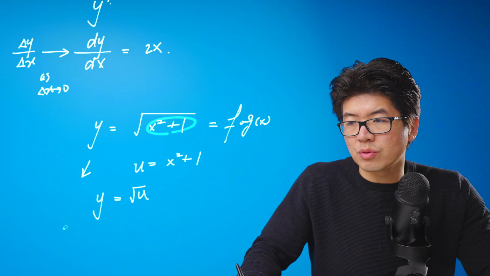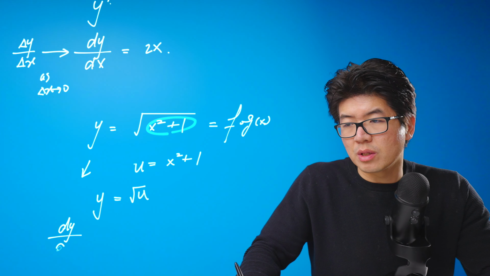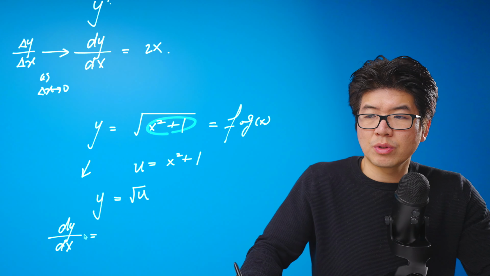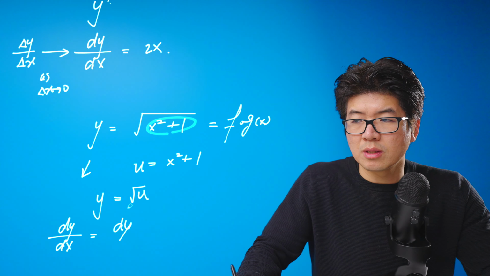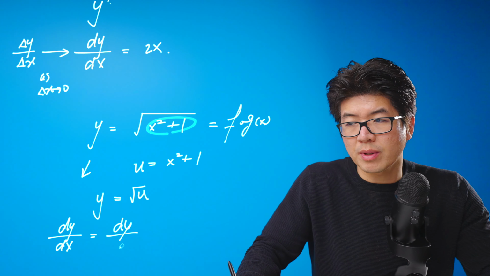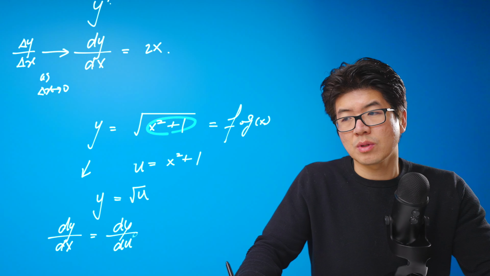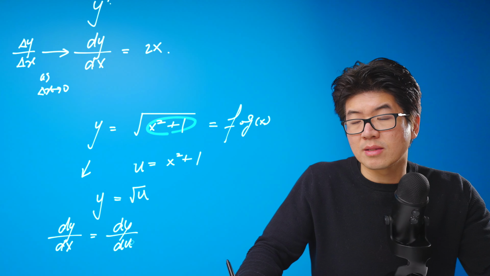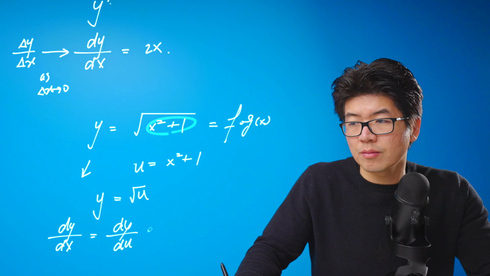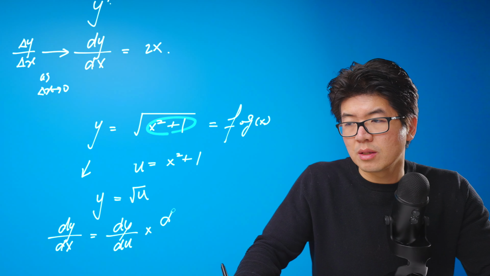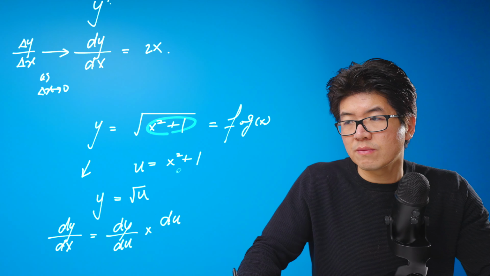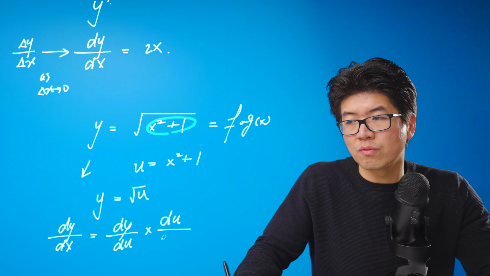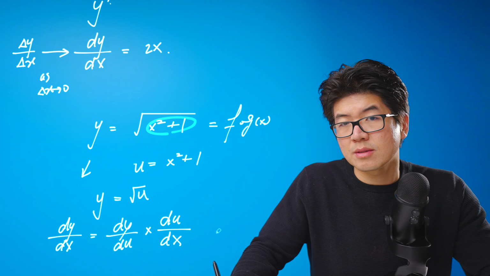To get dy over dx, we first differentiate this function with respect to u. So how is y changing as u is changing? Times du over dx.